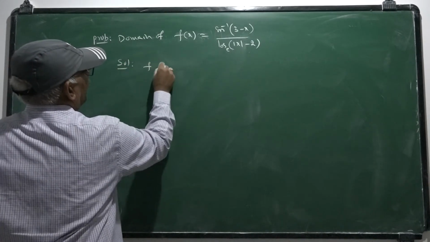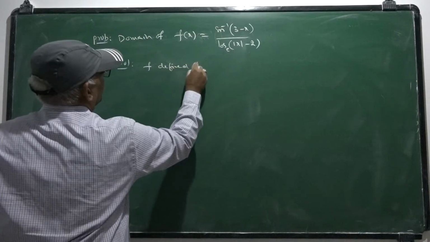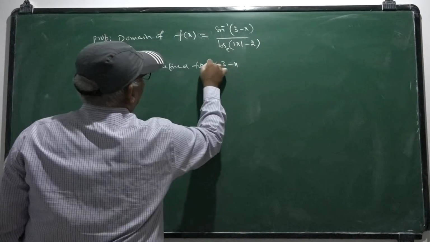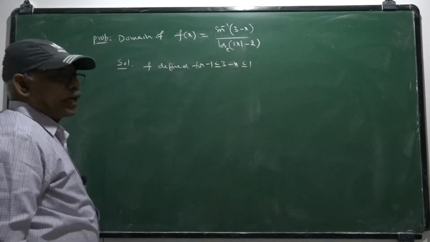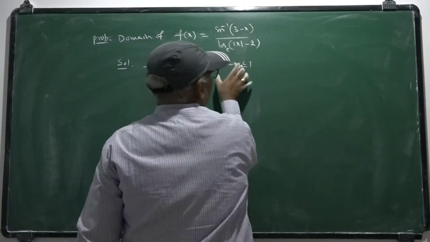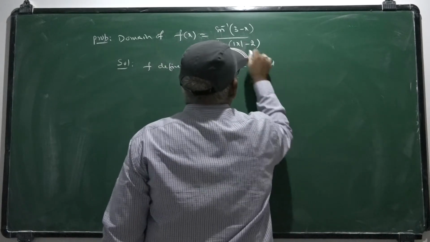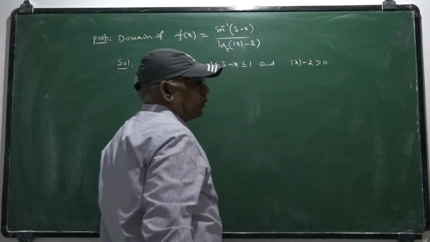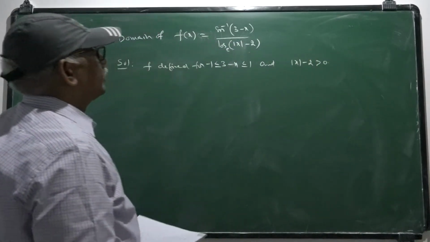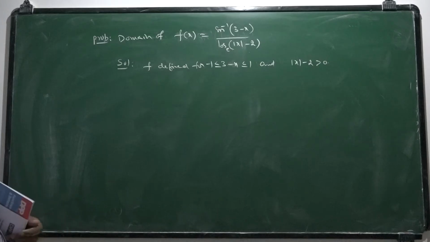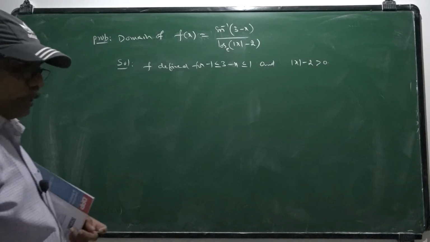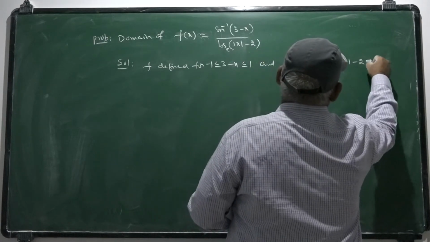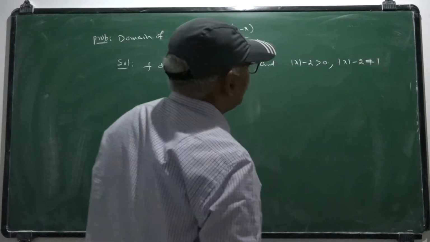Here f is defined for 3 minus x lying between -1 and 1, because of the sine inverse function's domain, and this logarithmic function is defined for positive reals and not equal to 1 of course.